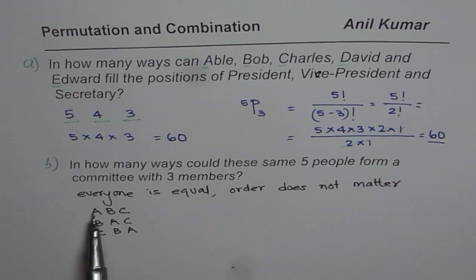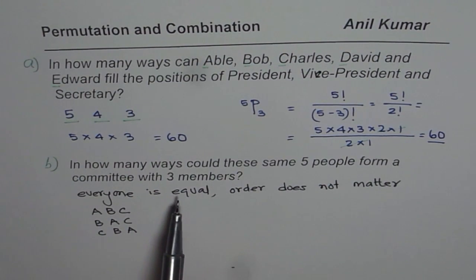Do you see that? So this committee has the same three members, for example, correct? And therefore we see that in the second case, order is not important. Now in this case, how many combinations are there? Well, this is the case of combinations, since order is not important, right?